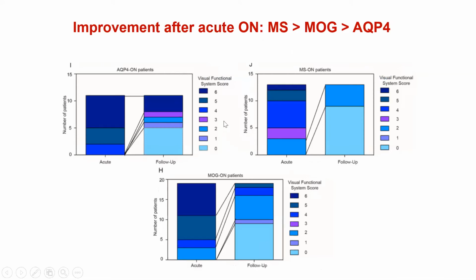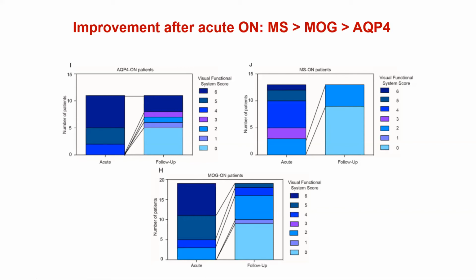Again, as we can expect, people with MS tend to have a better recovery compared with people with anti-aquaporin 4 and with people with MOG IgG antibodies, who are considered classically to recover better compared with anti-aquaporin 4.